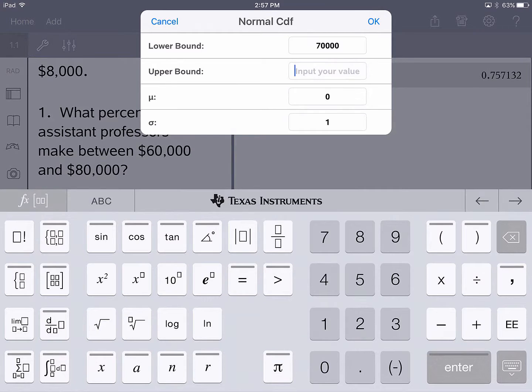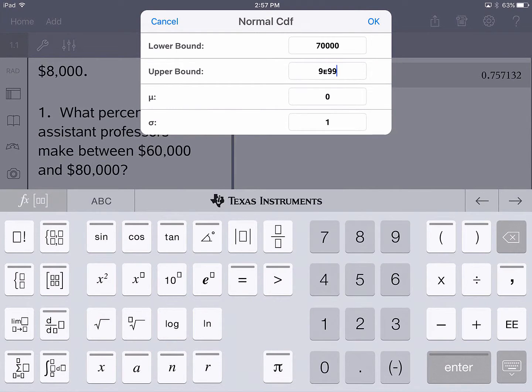So we can't put infinity into the calculator in this sense. And so what we're going to do instead is pick a really large number. What I've been doing with you in class is just choosing 9e99 as a way of replicating 9 times 10 to the 99th power. In other words, an incredibly large number. It's effectively infinity. So this is an interval above 70,000.